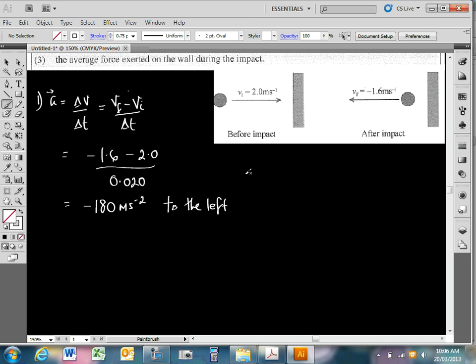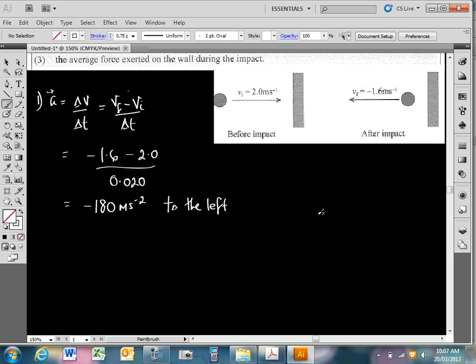Okay. So from what you just said, what can we say has happened in that time? Not necessarily in terms of velocity, but with something else. Think of Newton's second law. A force has been applied to the ball, hasn't it? And in what direction was that force? Well, what was the force caused by, firstly? The wall. The wall strikes the ball, you could say, in the wall's frame of reference.